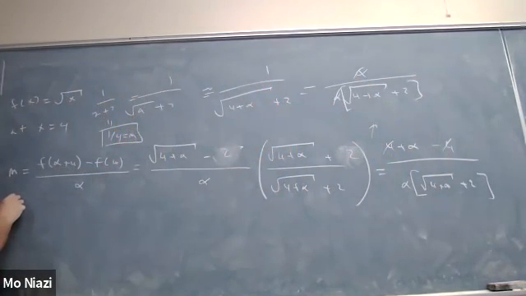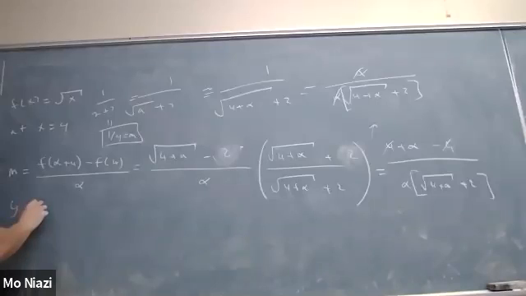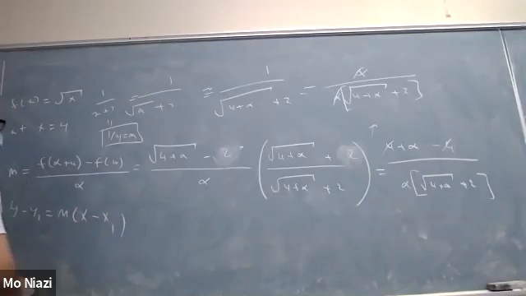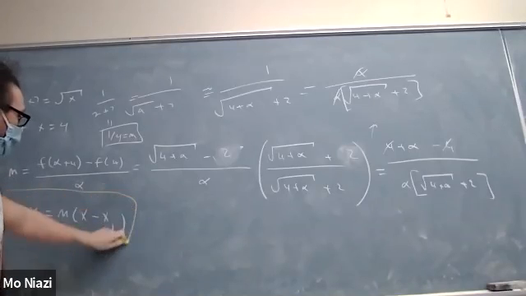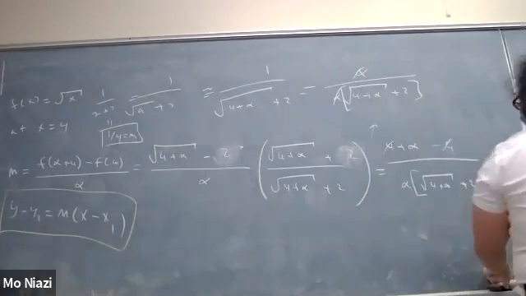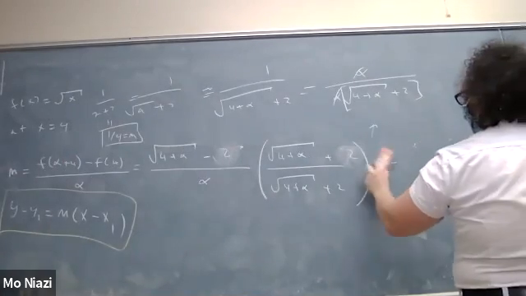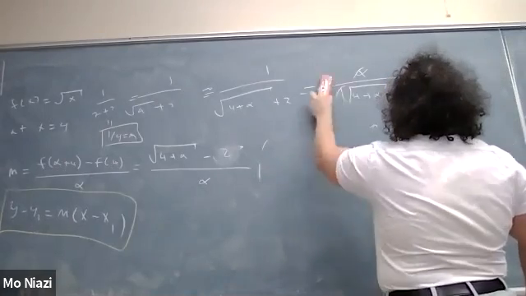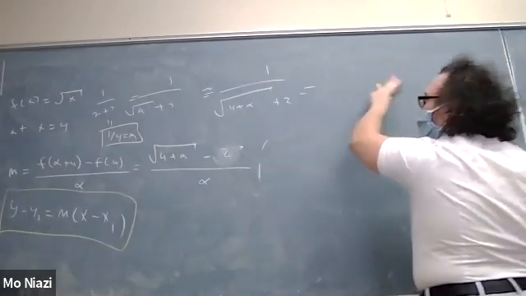We need y minus y1 is equal to m times x minus x1, and we need one point. We need a slope and a point. That's why this is called point slope form. The way we get the point on this function is: if x equals 4 is on the function, then f of 4 is on the function.